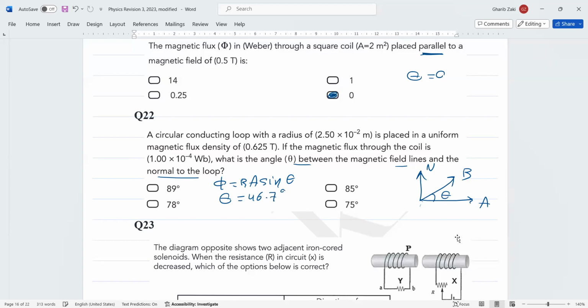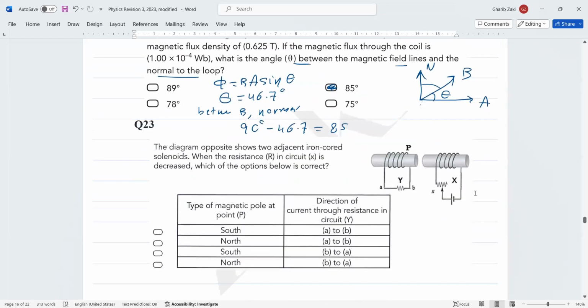By the way, this is an easy question, because in an exam like this I have to put this as one of the answers. But because it is not the required one, it is wrong. We need the other one. The theta between B and the normal is 90 minus this angle. So the answer will be approximately 85.